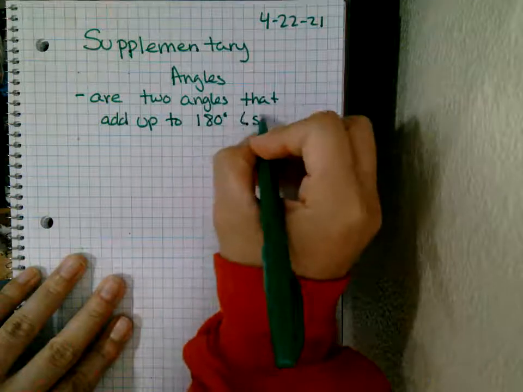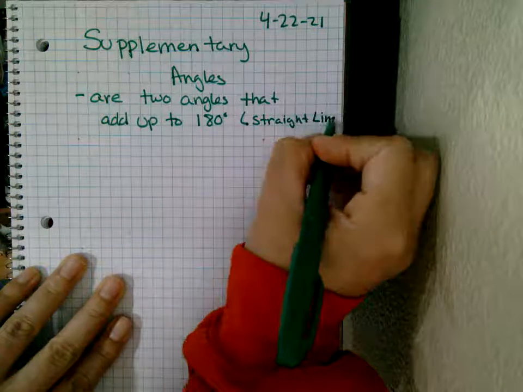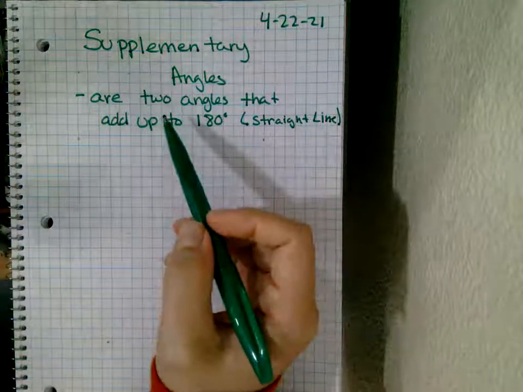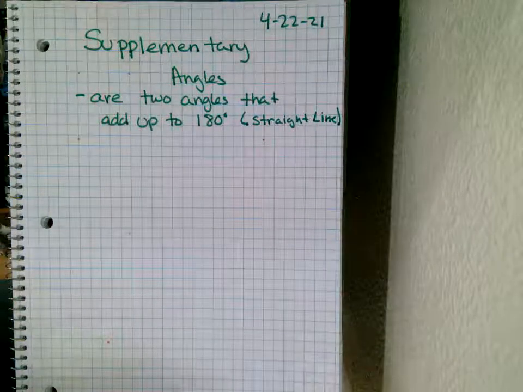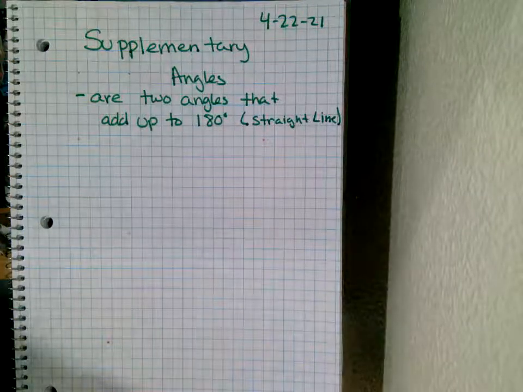So it looks like a straight line. When you put these two angles together, they create a straight line. And when that happens, they're called supplementary angles, okay?